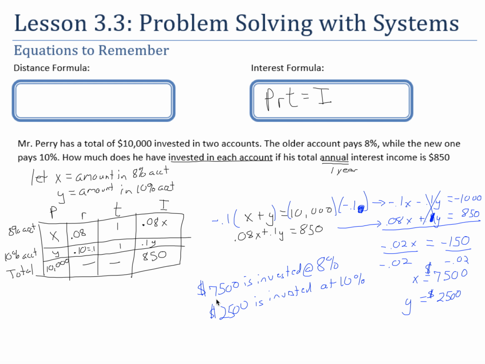For some reason nowadays people are writing 7,500 and putting the dollars after. Do not do that. That is not correct. So $7,500, dollar sign goes first, at 8%, $2,500 at 10%.